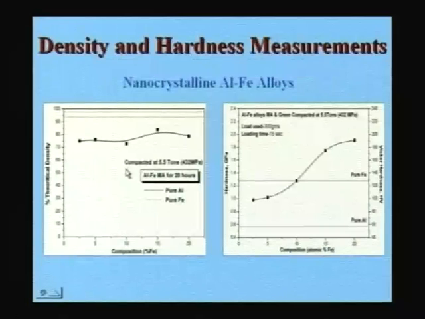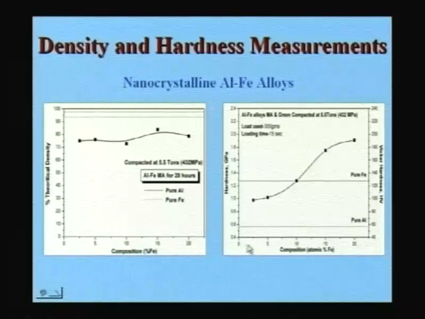Okay, and people have also tried to look at the strength levels of these nanocomposites, and here what you see is the Vickers hardness of these nanocomposites as a function of composition.